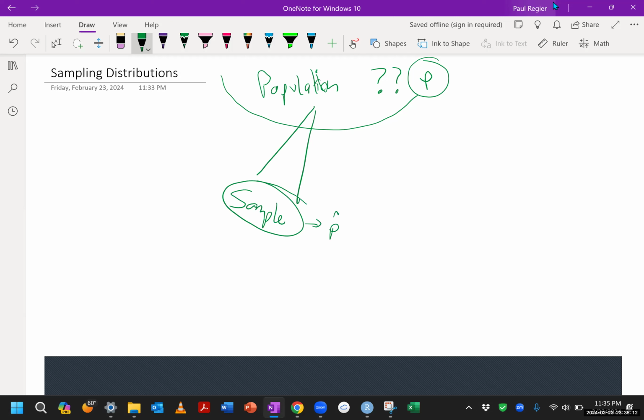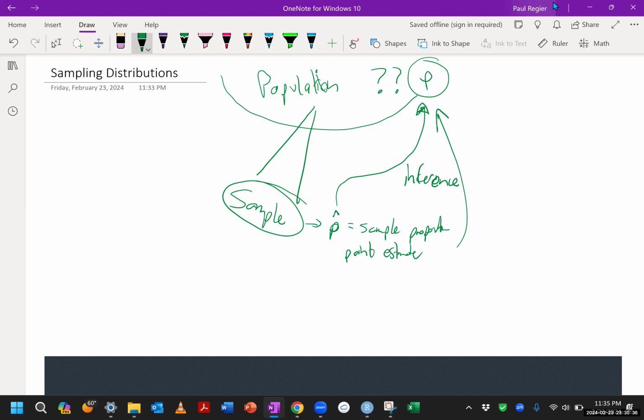Let's just call that our sample proportion. We're going to use that sample proportion to make inference about what P is. This p hat we found is what we call a point estimate of P. Okay, so that's what we do. This is what inference is.